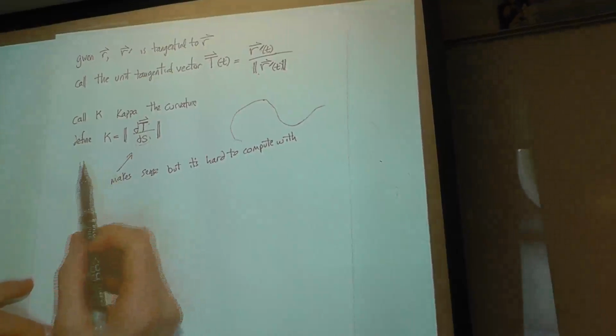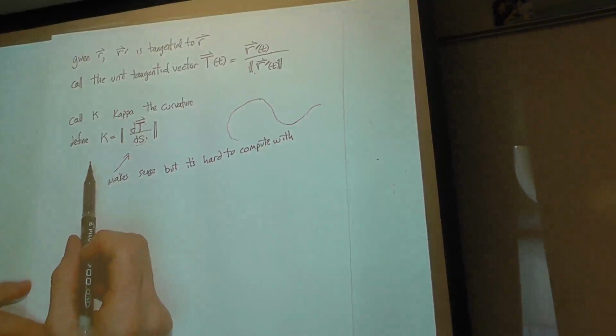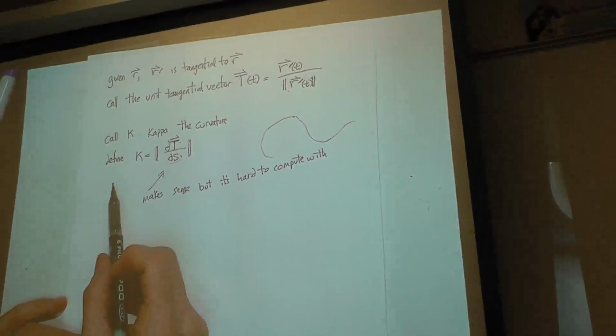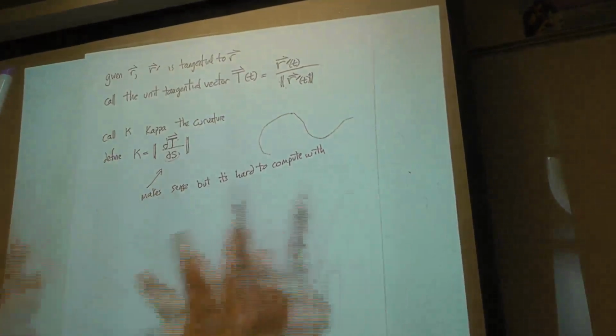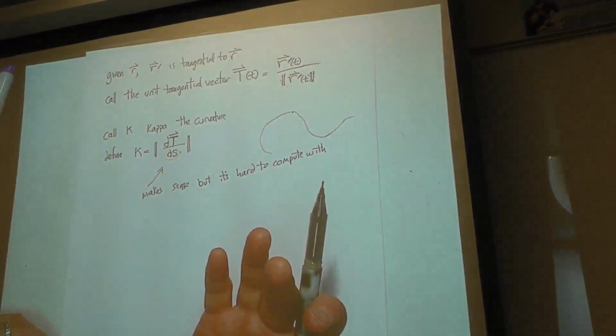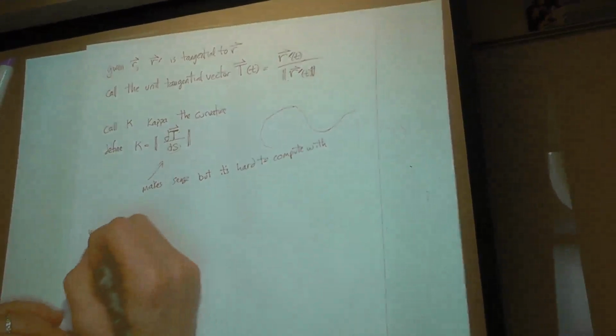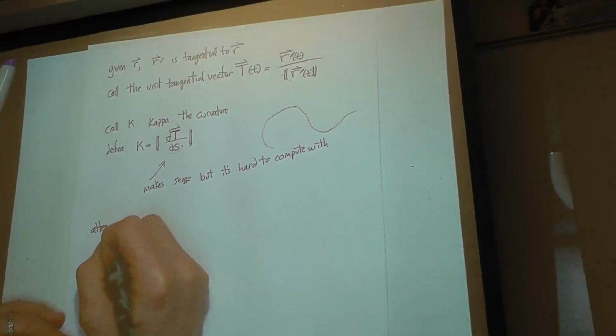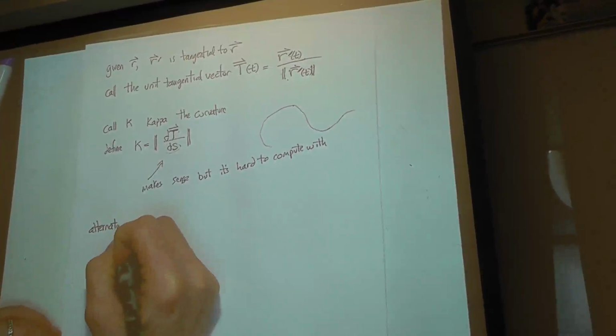And so nobody will use this formula. What instead they're going to do is to use alternate formulas. So we have alternate ways of computing.